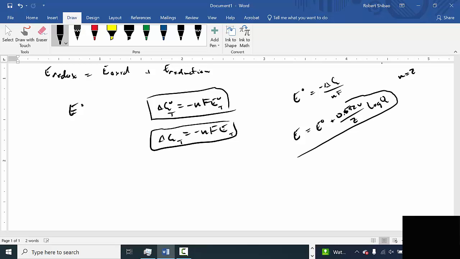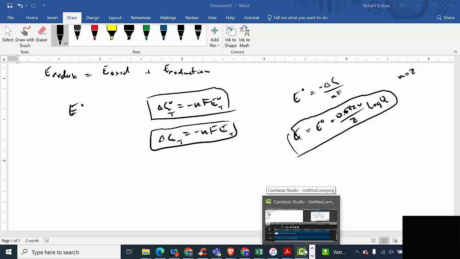This equation is called the what equation? 0.0592 or 0.592? The Nernst equation. Was it 0.0592 or point... It was 0.0592.